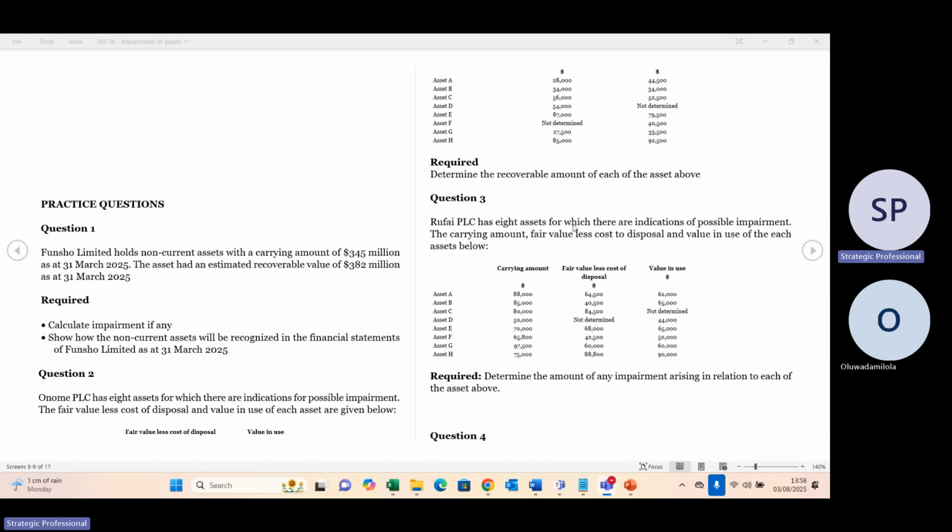This guy has already seen indication, which can either be external or internal. The carrying amount, fair value less cost to dispose, and value in use of each asset below they've given us. Required to determine the amount of any impairment arising in relation to each of the assets above.